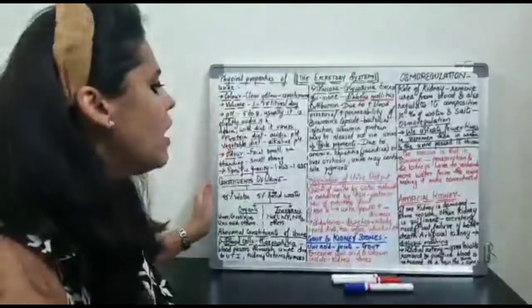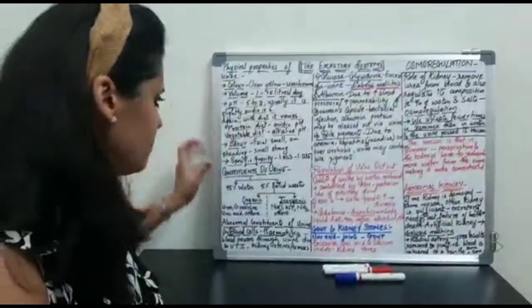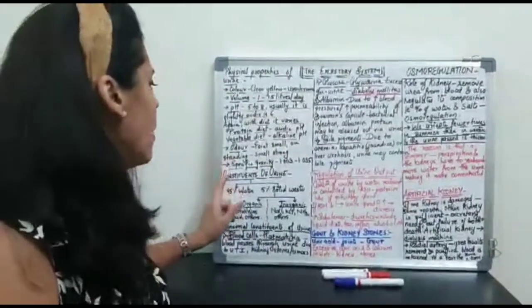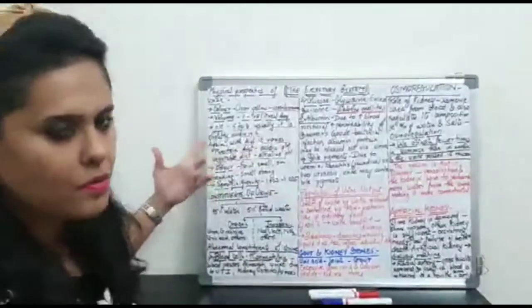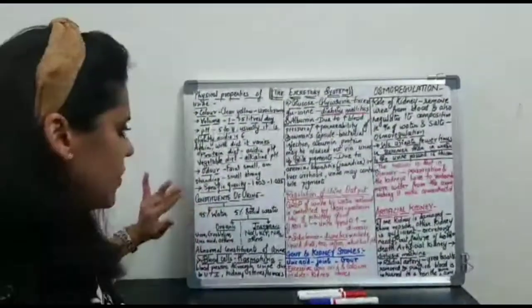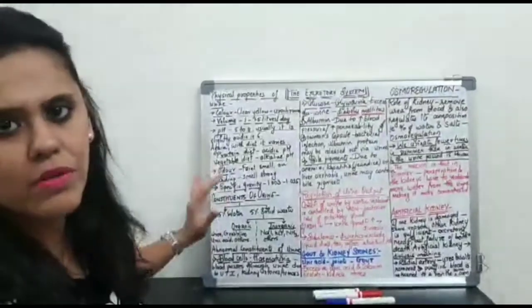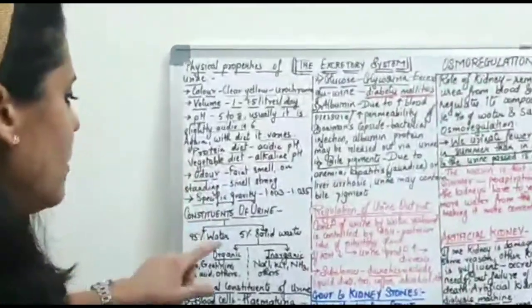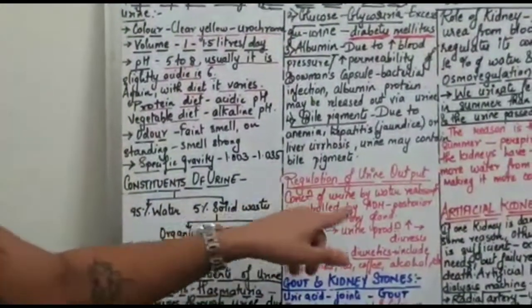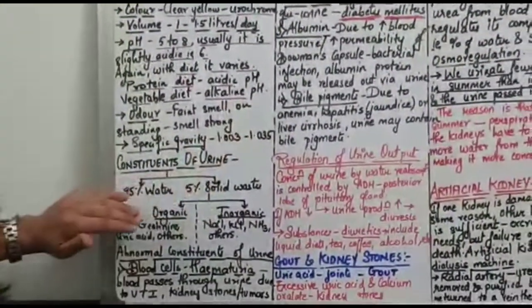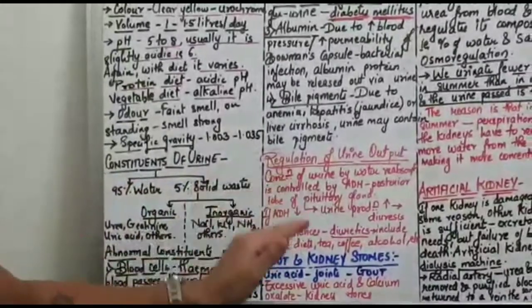Okay, so these are the physical properties you have to keep in your mind. What are the constituents of the urine? The second important part of this slide. Now, generally, in urine, 95% is water, and the rest 5% is nothing but the solid waste, which further consists of the organic and the inorganic matter.